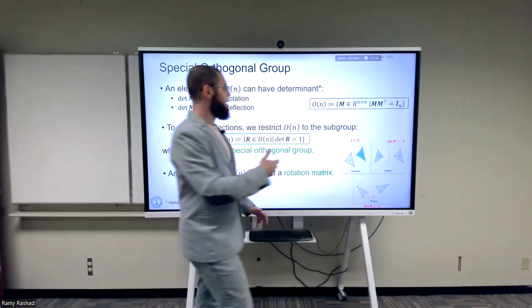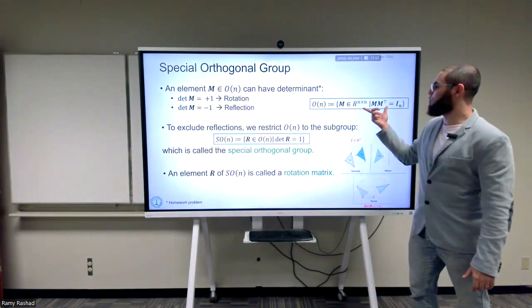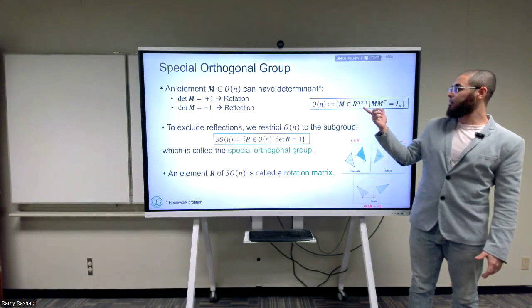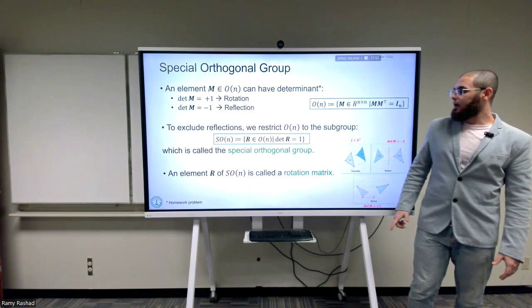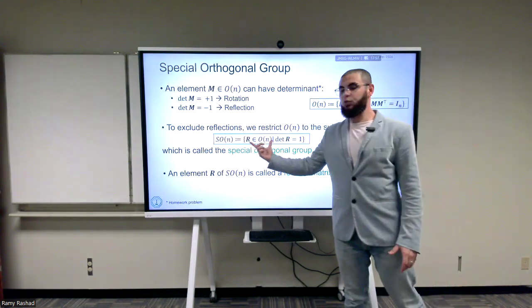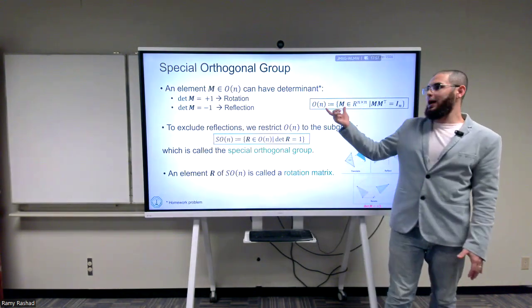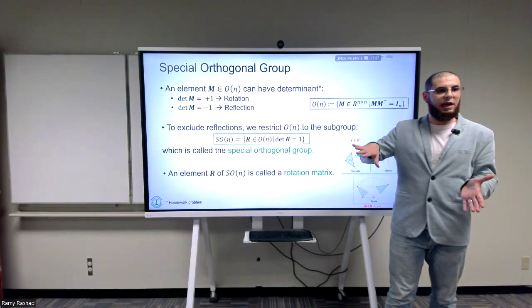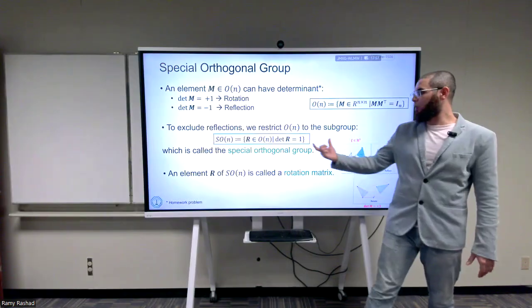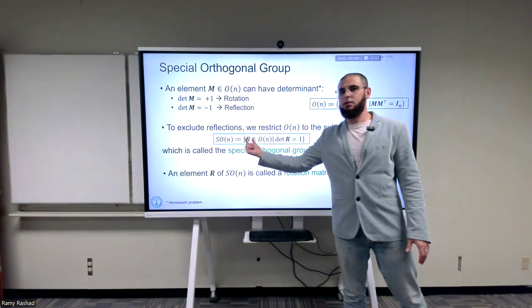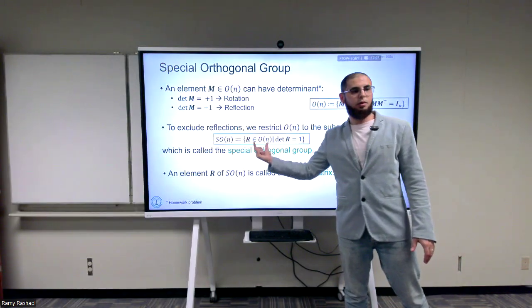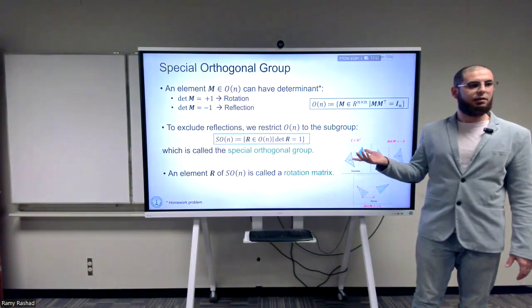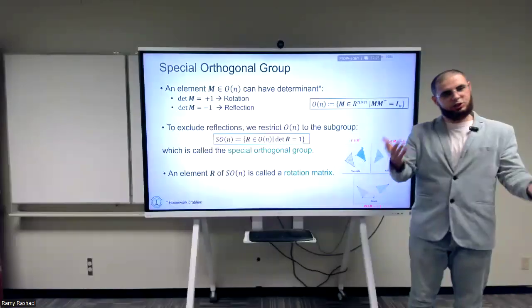So right now, this is the set that we need to restrict inside of O(n), the orthogonal group. We need to exclude the reflections and look only at the rotations. That's why we're going to be looking only at the elements in O(n) that have determinant equal to 1. And this has a special name. It's called the special orthogonal group.